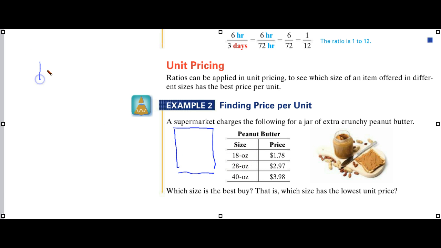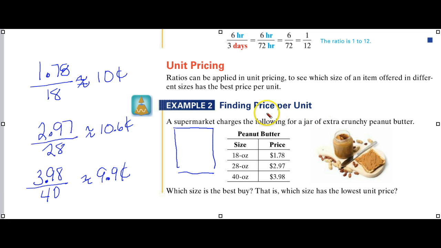You'd say 8 divided by 18. So you're asked which size is the best buy. So you take your cost divided by the number of ounces, that's your ratio, and here it's about 10 cents an ounce.